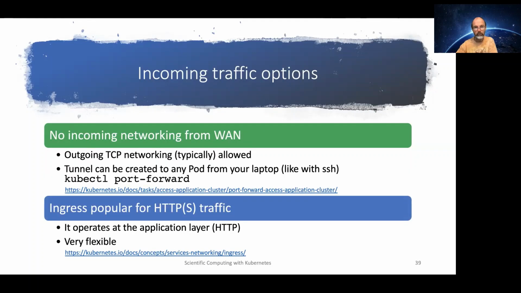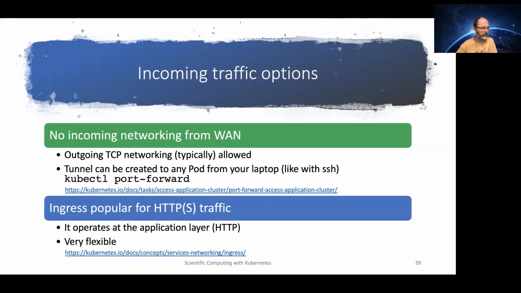However, this doesn't mean that you get incoming connectivity from the WAN. You get typically outgoing connectivity, but there is no way to connect to your pod directly from, for example, your laptop.